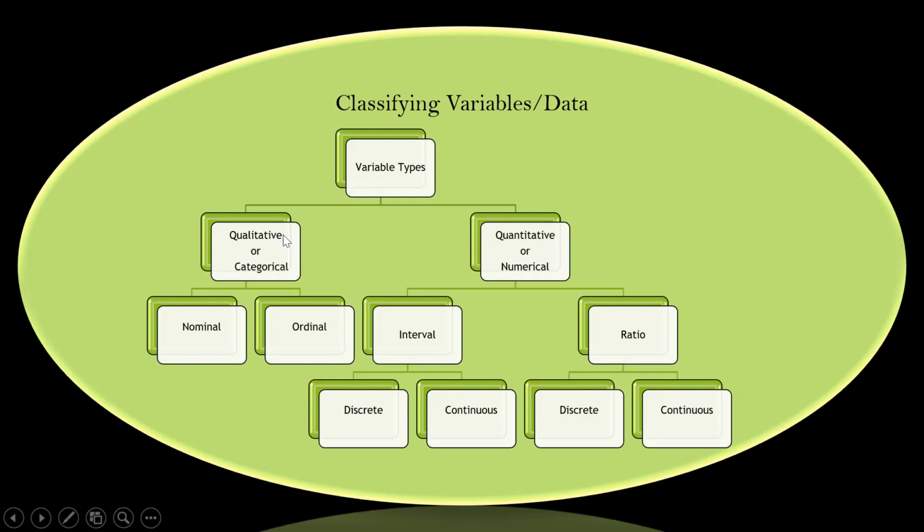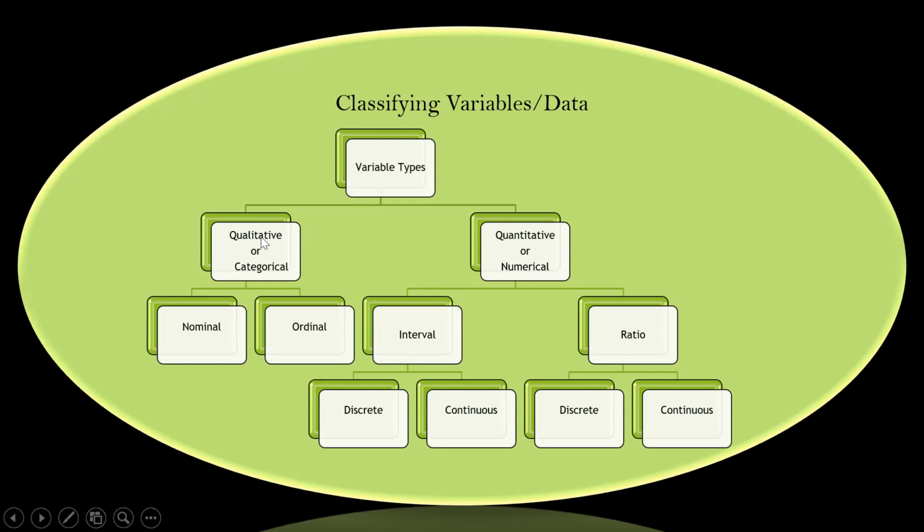I could have easily said 1 is female, 2 is male. So even though numbers can be used, the numbers in and of themselves don't convey an amount of something. So it's not truly numerical data. Quantitative data, there's a quantity. That number means something. So it's sometimes called numerical data. This could be your height, your weight, your income, the number of classes you're taking, etc.